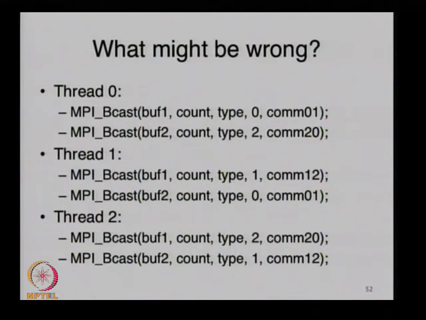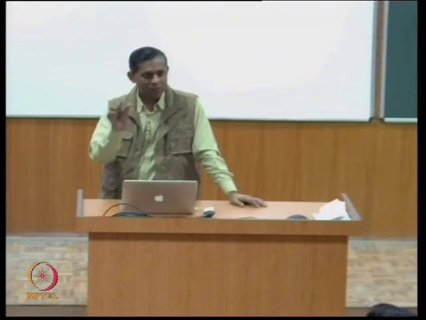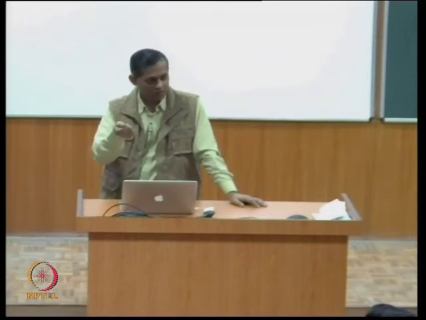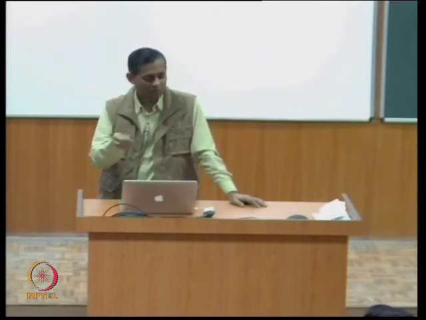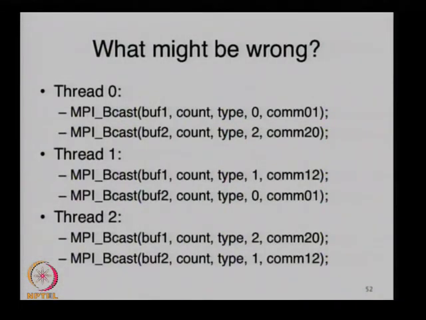So let's look at this example. Oh wait, it's a non-blocking call. This is for synchronous, so this example doesn't quite answer that question. These are communicators. Com01 is a group for threads 0 and 1. A group contains those two threads. Com20 contains threads 2 and 0.